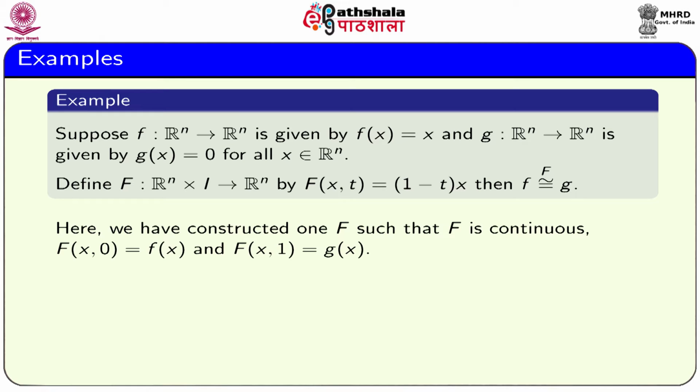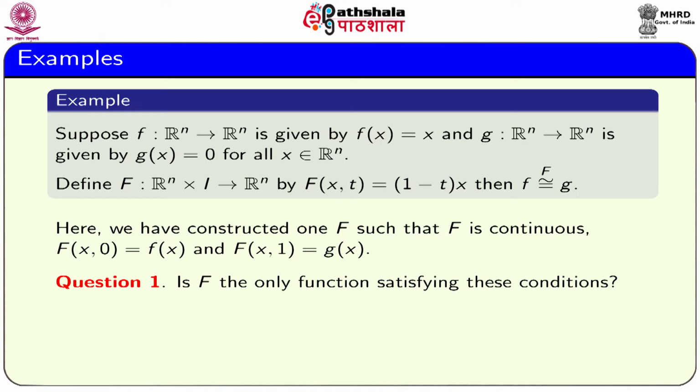So now if we define the map capital F from Rn cross I to Rn by F of (x,t) is equal to (1 minus t) times x, then of course capital F is a continuous function, and F(x,0) is equal to f(x), F(x,1) equal to g(x). So all the conditions for homotopy are fulfilled, and therefore capital F is a homotopy.